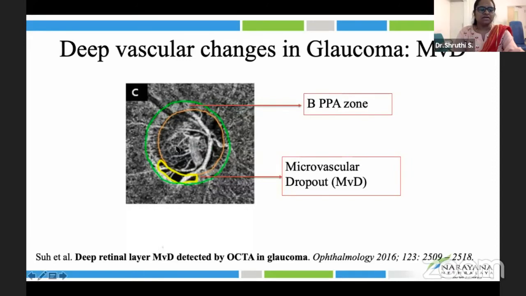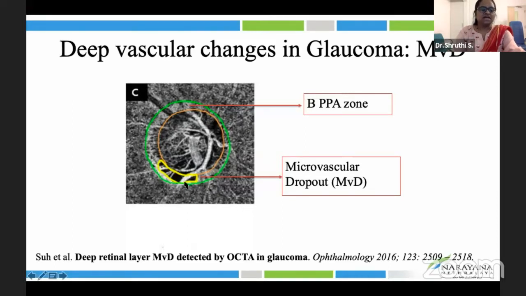So here, this is the choroidal slab of OCTA image of a glaucoma eye, where beta peripapillary atrophic zone is demarcated. And we can see a dark zone in the inferotemporal area in the peripapillary atrophic zone, where it is devoid of choriocapillaris. Though we can see the large blood vessels, it is totally free of capillary vessels.